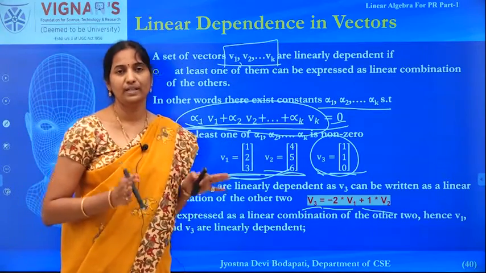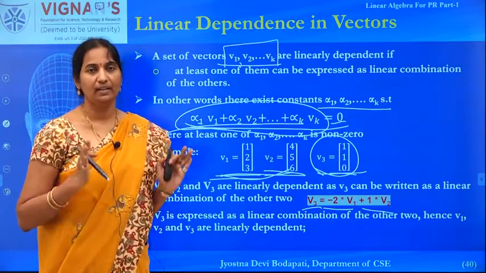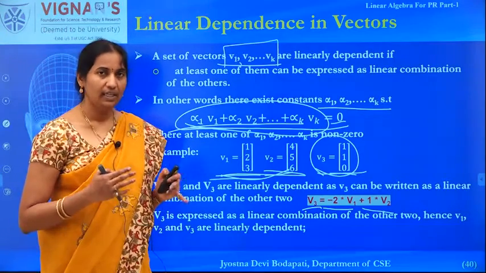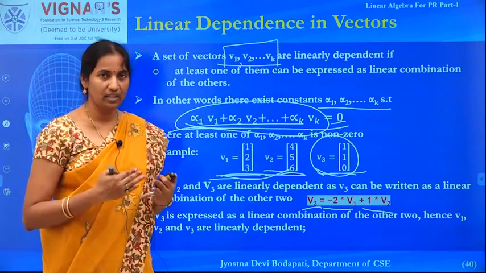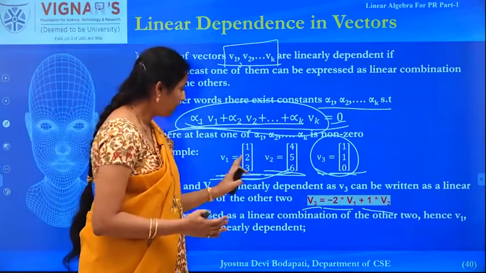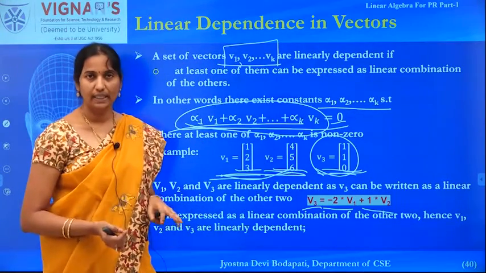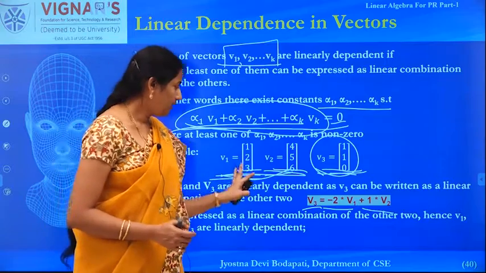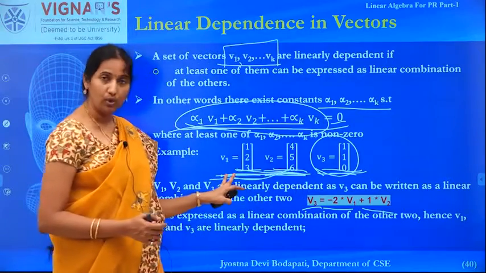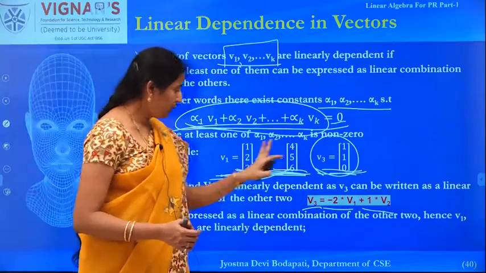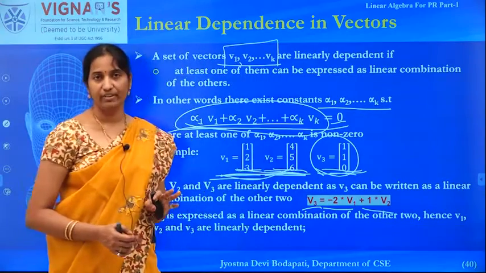So this concept is very important in pattern recognition and machine learning algorithms, because in the case of feature reduction techniques, if you assume that this is a feature, this is another feature, and this is another feature for the data, then if I have these two features alone, I can extract the third feature from these two features itself, right?